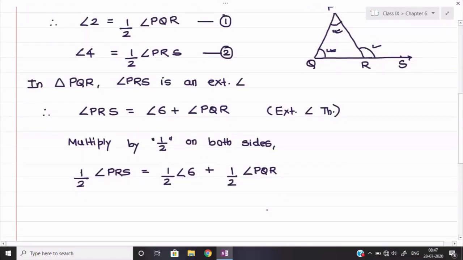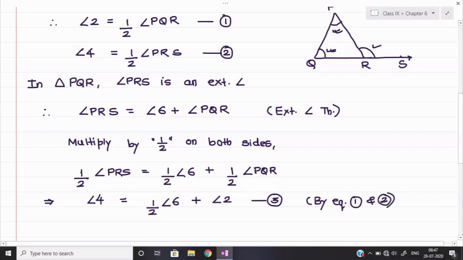Half of angle PQR is equal to angle 2 as per equation 1, and half of angle PRS is equal to angle 4 in equation number 2. So half of angle PRS, which is angle 4, is equal to half of angle 6 as it is, plus half of angle PQR, which is angle number 2. This is my equation number 3, and the reason we shall give here is equation first and second.